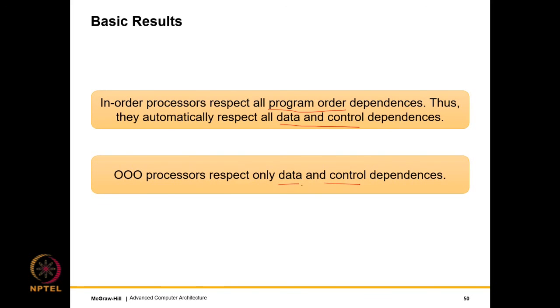So let's gradually understand what this means. Primarily, out of order processors respect data dependencies, which are producer consumer relationships. They appear to respect all dependencies, including control.